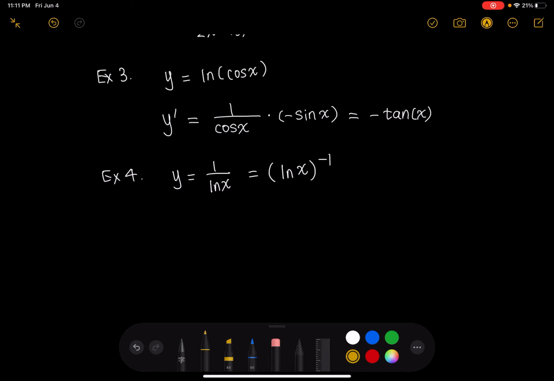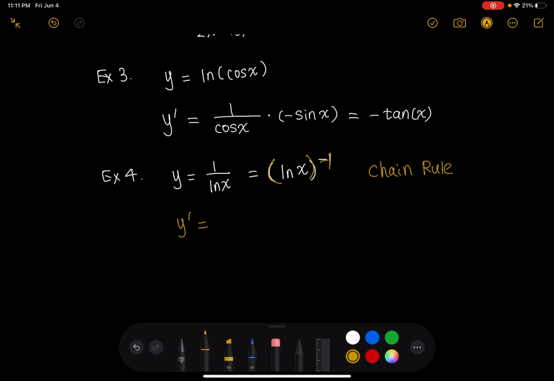Now again, it is a chain rule problem. Why? Because the outer function is something raised to the negative 1 power, and the inner function is ln of x. So what we do, we get y prime is the outer function.